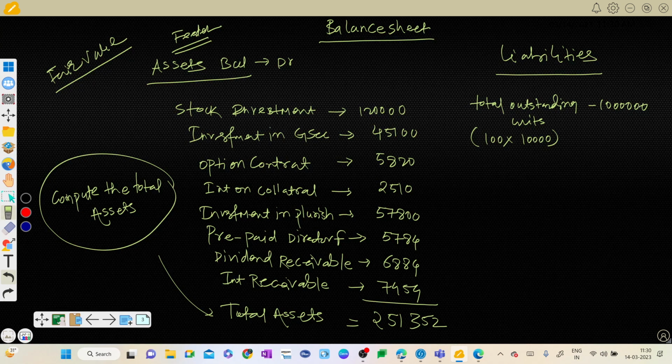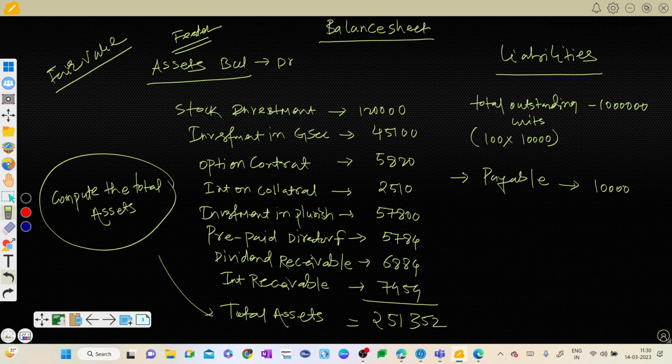Okay. Then the other liabilities that we have, the pure liabilities: payable, how much? Payable of 10,000 USD. Then we have net loss.